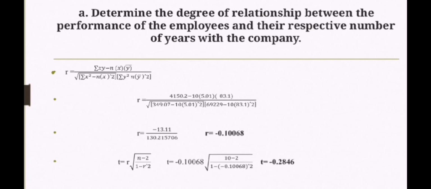To compute for the r equals summation of xy minus n multiplied to x multiplied to y divided by square root of summation of x squared minus n times x squared times summation of y squared minus n times y squared. For the t equals r square root of n minus 2 divided by 1 minus r squared.